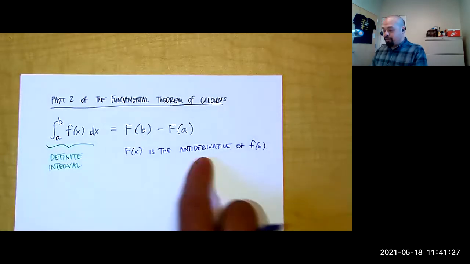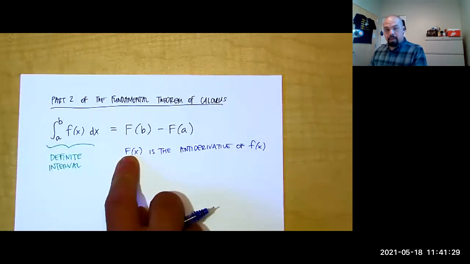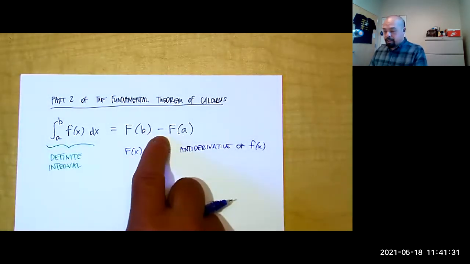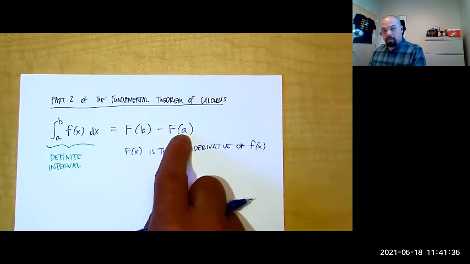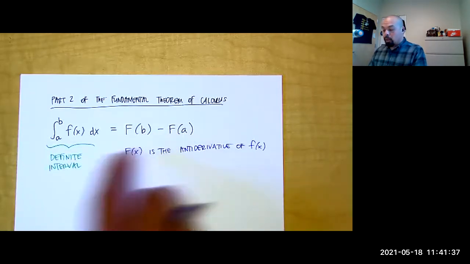We find its antiderivative, capital F of x, and we take the difference, always a subtraction, the upper limit take away the lower limit. Okay, it's always a subtraction.